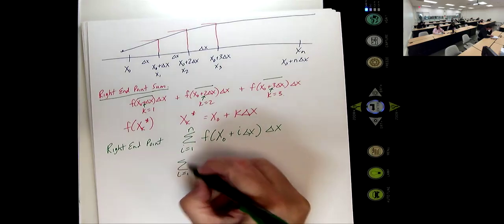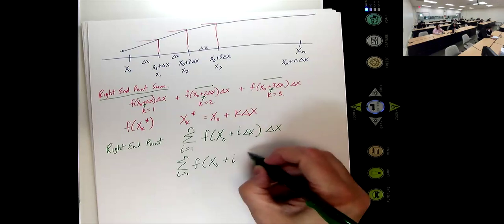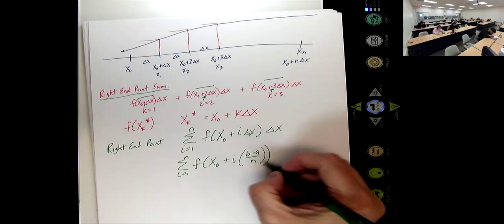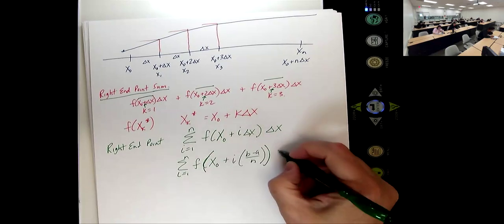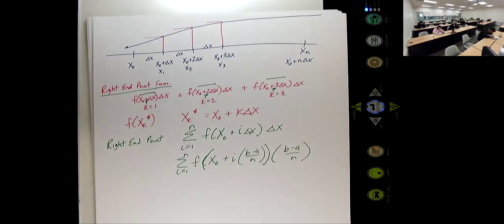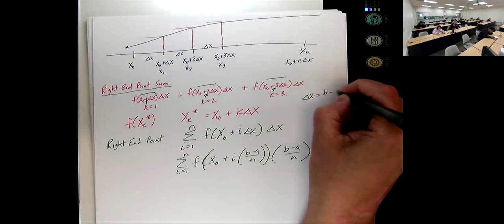After we replace delta x, that's b minus a over n, times b minus a over n, because delta x was b minus a over n.